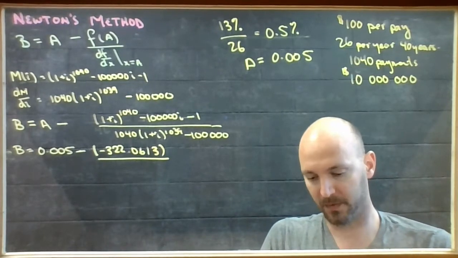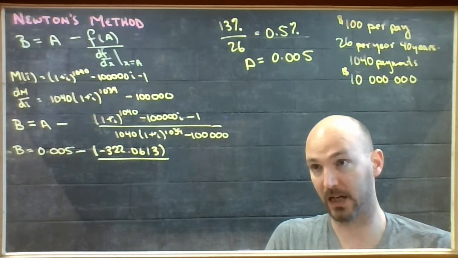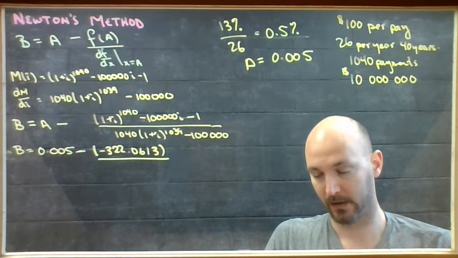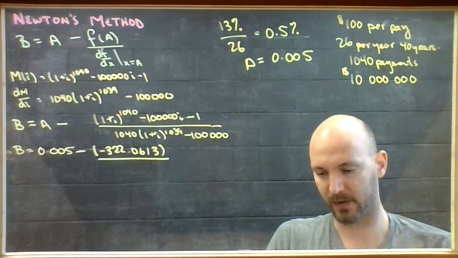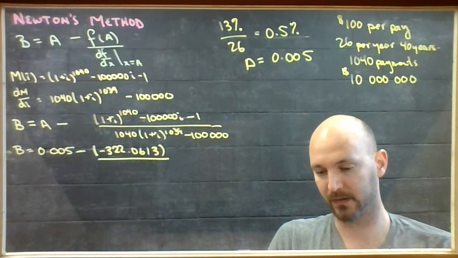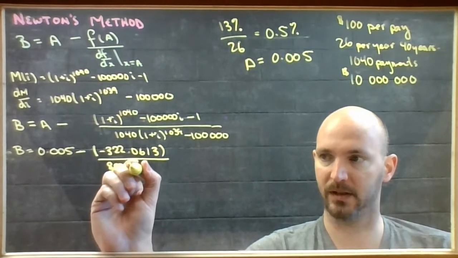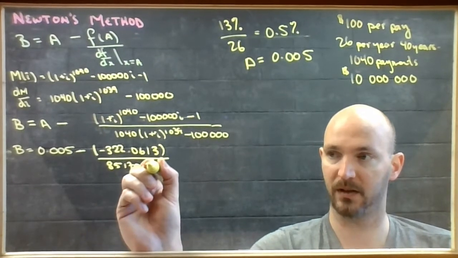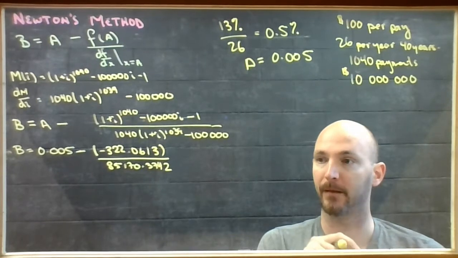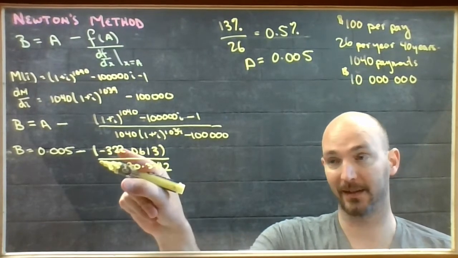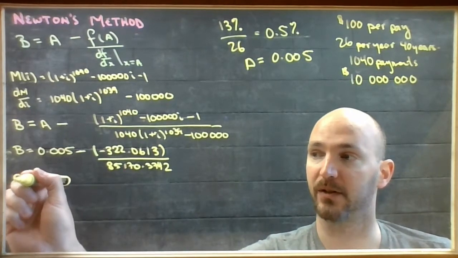The denominator would be 1.005 to the exponent 1039 times 1040 minus 100,000 gives me 85170.3742. Okay, now that is much smaller than this, so I'm expecting a very small correction factor.